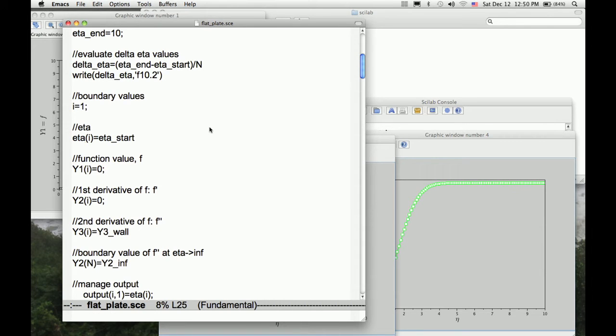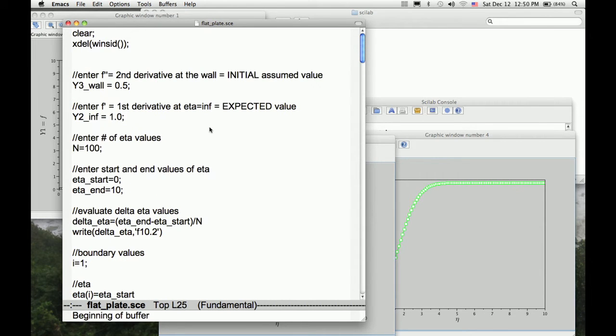So, what I essentially did here is, this takes several values of eta. I take a start value of eta to be 0 and the end value to be 10. And we take the y3, which is f triple dash.